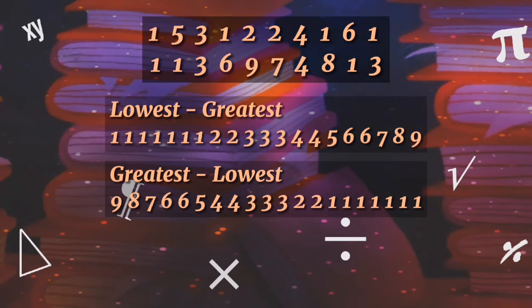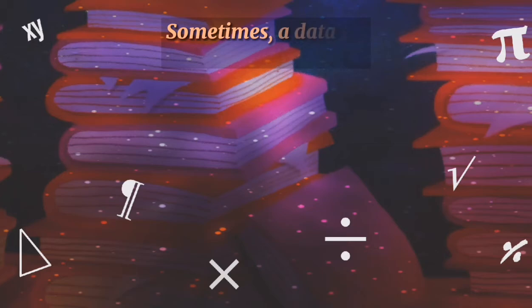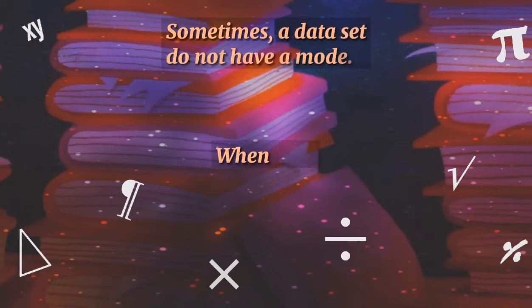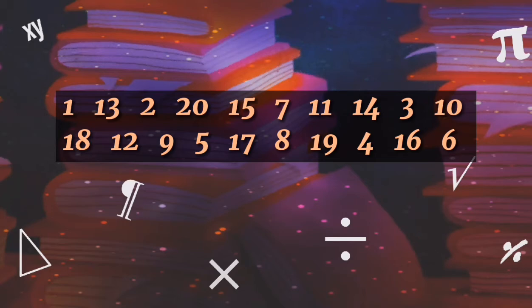The properly arranged numbers will make it easier for you to count how often the numbers occur in the dataset. And by that, you found the mode of the dataset. There is also an instance where a dataset does not have a mode. This happens when the numbers in the dataset all differ from one another.